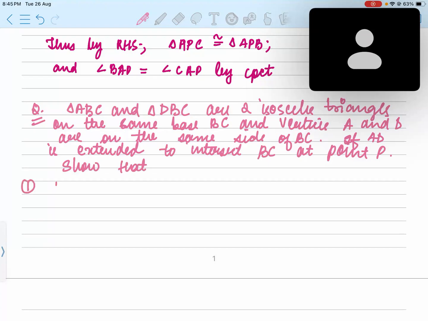there are 4 points. Triangle ABD is congruent to triangle ACD. Second, triangle ABP is congruent to triangle ACP.